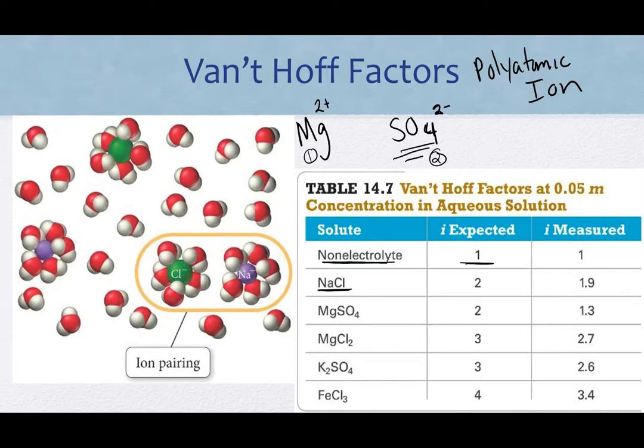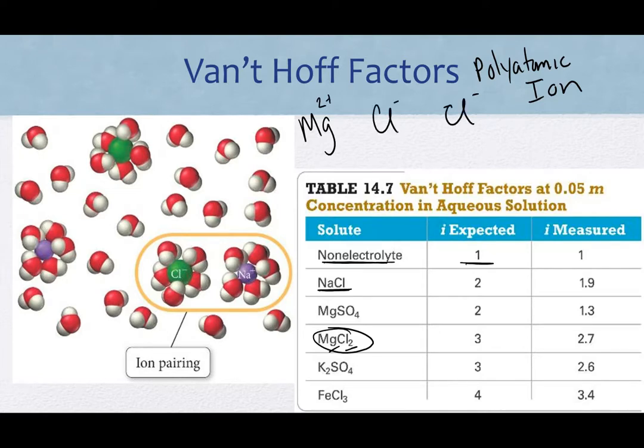Something else to consider is our subscripts. So looking at magnesium chloride, remember we need 2 chlorine atoms to balance out this +2 on the magnesium. So if MgCl2 is in solution, it's going to break apart into 1 particle of magnesium and 2 particles of chlorine.